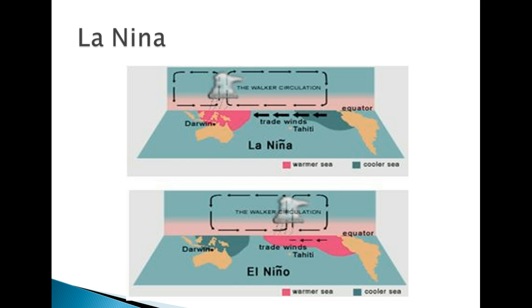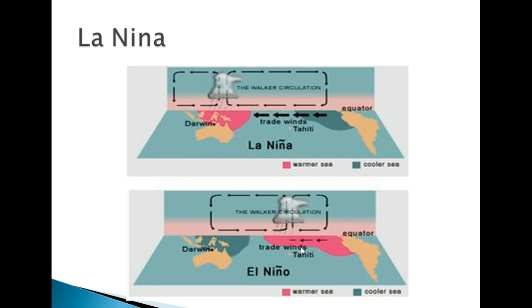So let's get them in your notes. So let's talk about the characteristics of El Nino first. So write in your notes that a large pool of warm water is located at the central and western part of the Pacific Ocean.